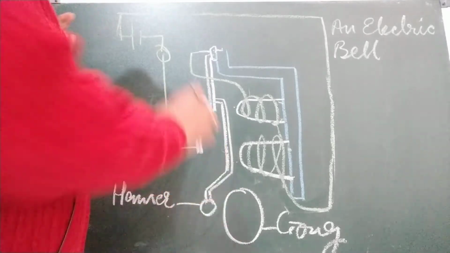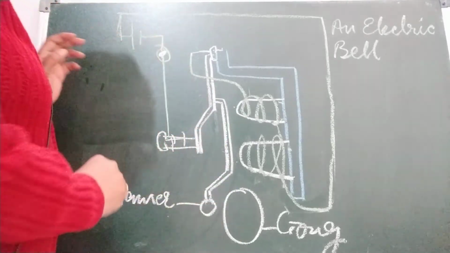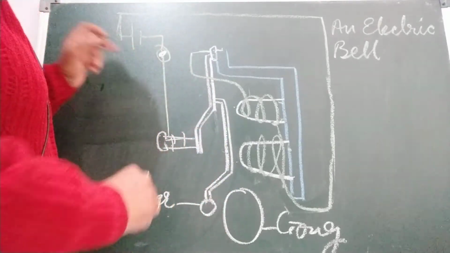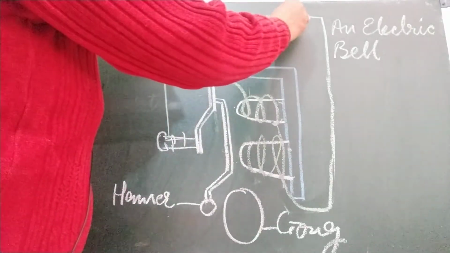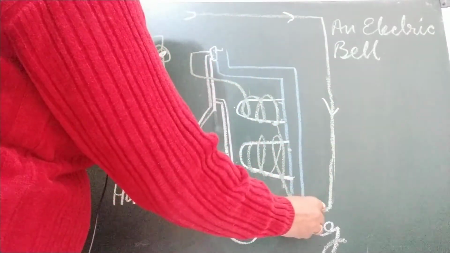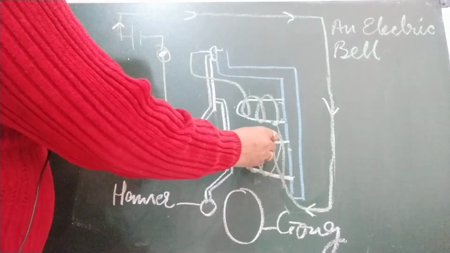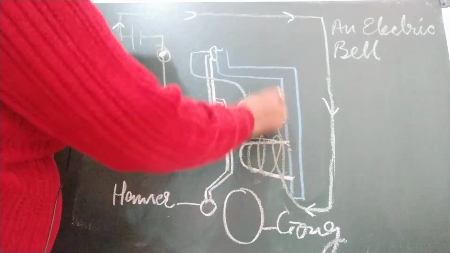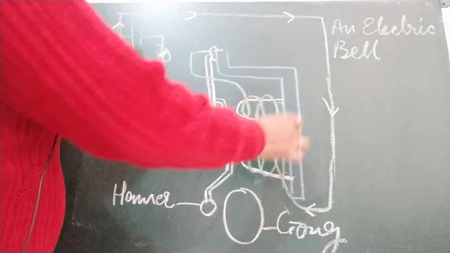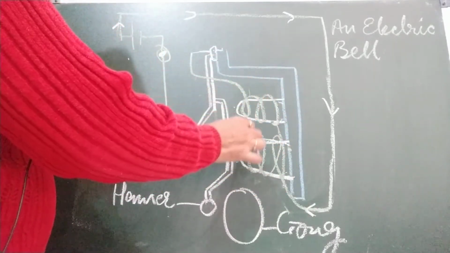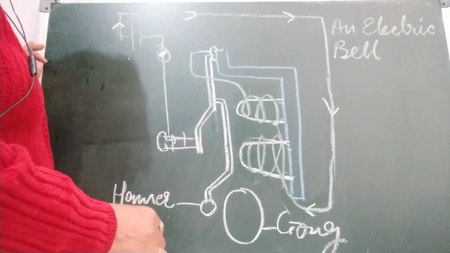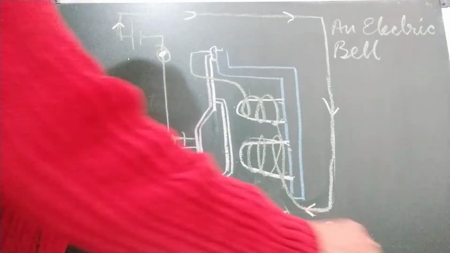When the switch is on, this is the switch, what happens? The current starts flowing from the positive to the negative side. As the current reaches this soft iron, the electromagnet I told you about, when the current passes through this soft iron, it starts behaving like a magnet.